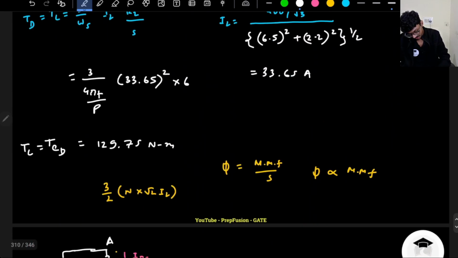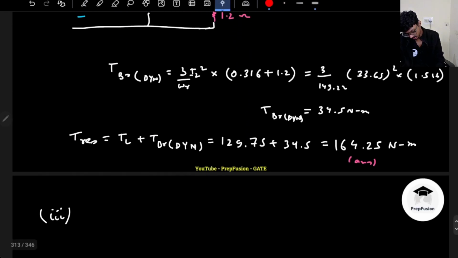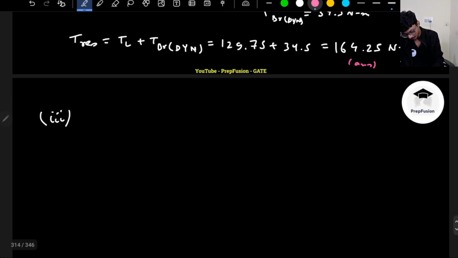So very simple, right? What is the connection? Connection is this. So resultant will be 3 root 3 into IDC. So I can simply equate the MMF by DC to the MMF by fictitious AC.